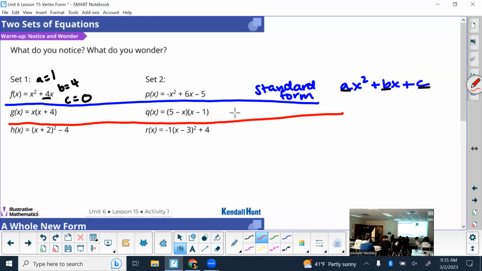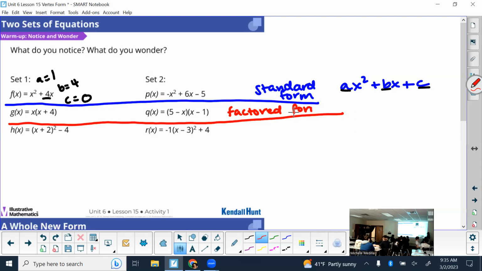Where we can do some multiplying. It is not exponential. These are all still quadratics, but this form of quadratics is known as factor form, okay?